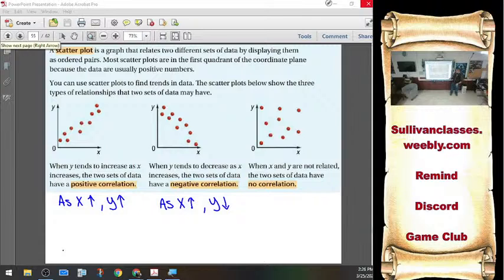That would be like if I tried to find a correlation between your shoe size and your month of birth. Does being born in February somehow make your feet bigger? There's no relationship between those at all. A correlation is just a relationship between them.